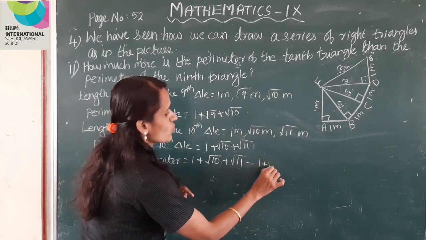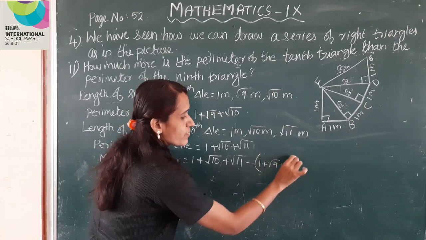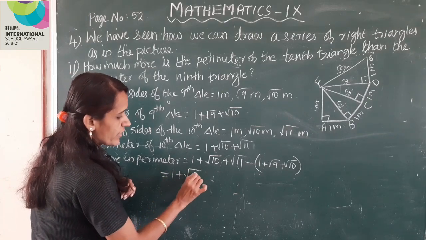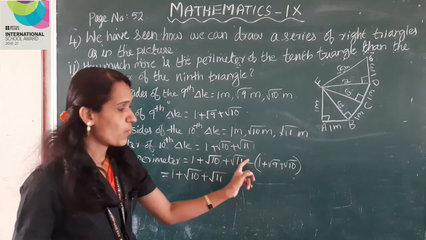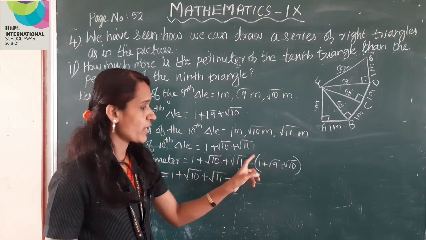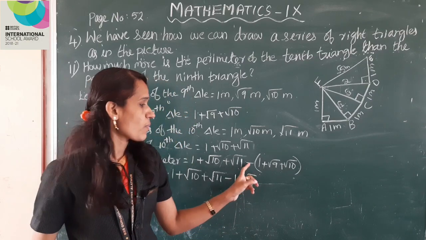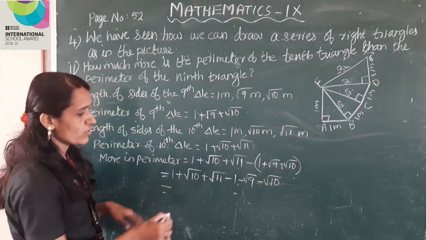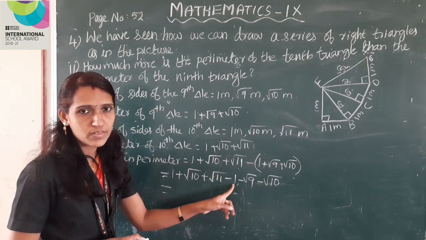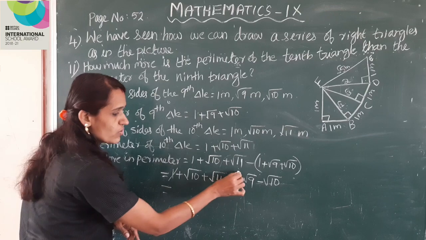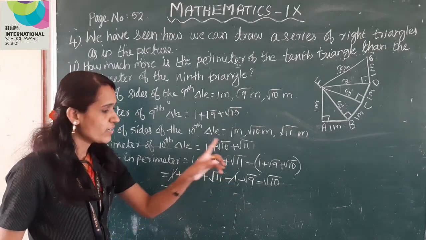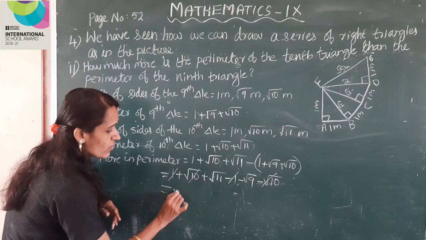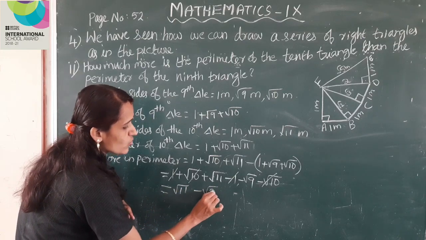So 1 plus root 10 plus root 11, open the bracket, minus 1 plus root 9 plus root 10: minus into plus, minus root 9, minus into plus, minus root 10. 1 minus 1 is 0, root 10 minus root 10 is again 0, remaining root 11 minus root 9.